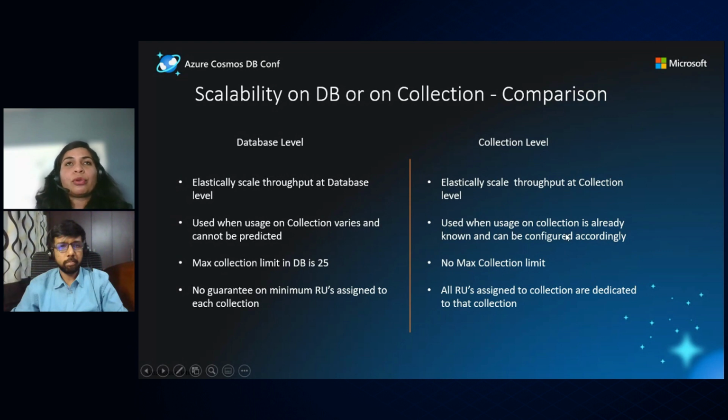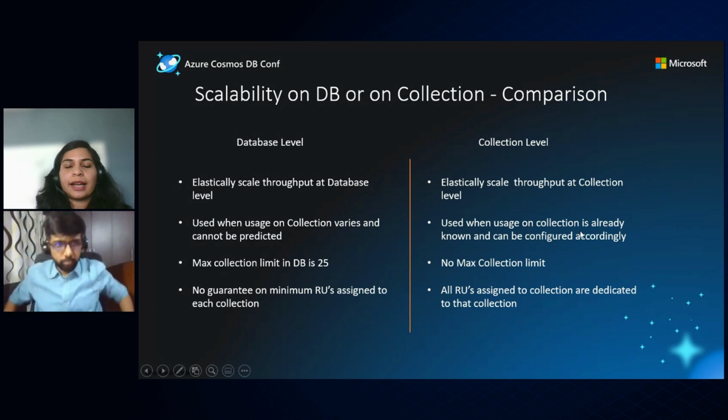Now, if you already know the usage of your particular collection, maybe the minimum is 400 and the maximum can go to 4,000 for a single collection, then you can define the throughput at collection level.